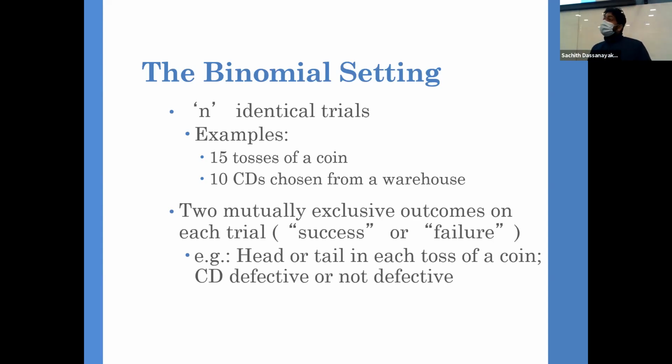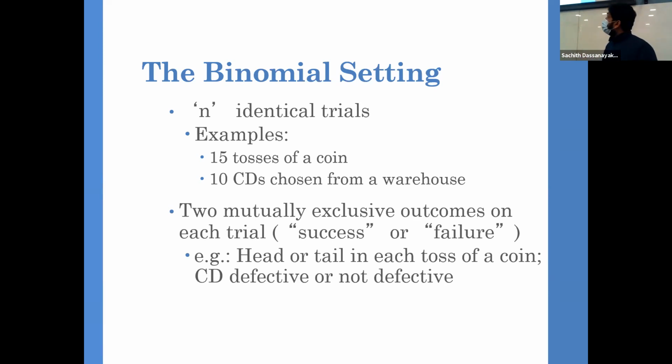Remember that these n trials are identical, which means they are independent of each other. Trial number 2 doesn't affect trial number 3 or trial number 1. That's a ground rule for the binomial distribution.